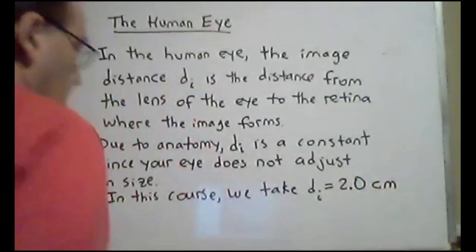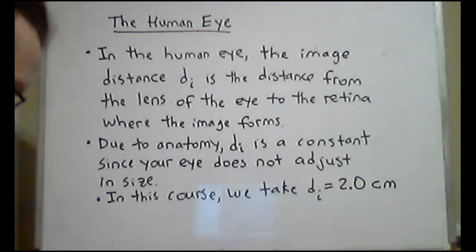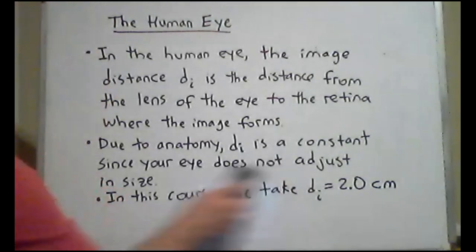Most people have a d sub i of about 2 centimeters. No matter how big or small they happen to be, if you measure their lens to their retina, it's about 2 centimeters, give or take. And we're going to make that assumption here. So, how does the eye adjust then? Well, let's take a look at the picture again.